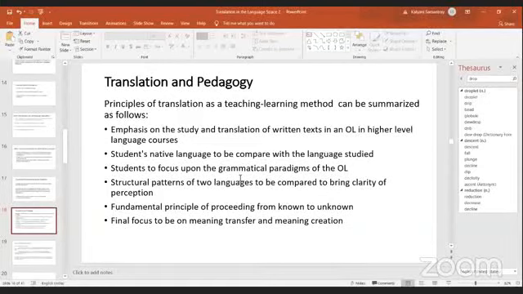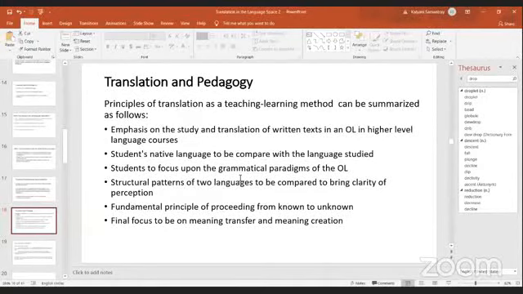So this pedagogy should follow the principle of proceeding from known and moving to the unknown. From known, that is the first language competency, first language skills and abilities, and to use that to access the other language competencies. And ultimately, the focus of this pedagogy using translation will be creation and transfer of meaning, because meaning is primary.